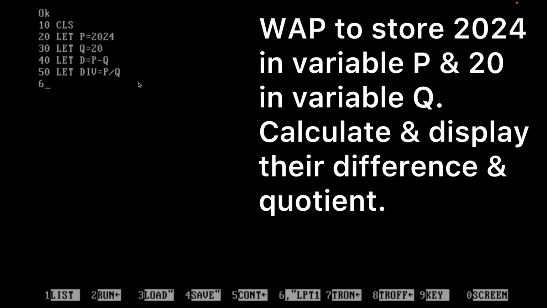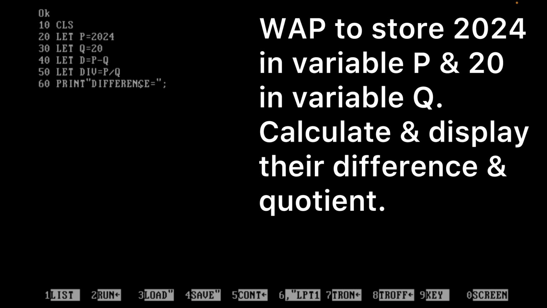Then 60, we need to print. Display means we have to print. 60 PRINT, open inverted commas, we can write "Difference =", close inverted commas, then you have to give a semicolon.